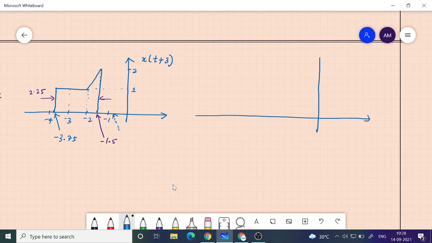Okay, so this is 3.75. Let me mark the axis here: minus 1, minus 2, minus 3, minus 4, minus 5, minus 6, minus 7. Okay, I think it should be enough. Minus 8. What I am trying to do is t is replaced with t by 2.